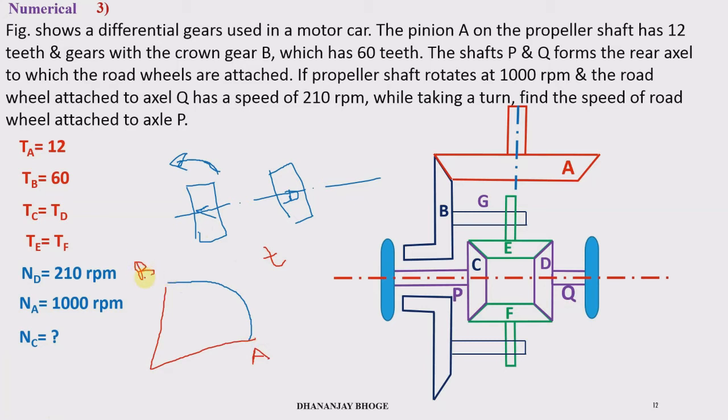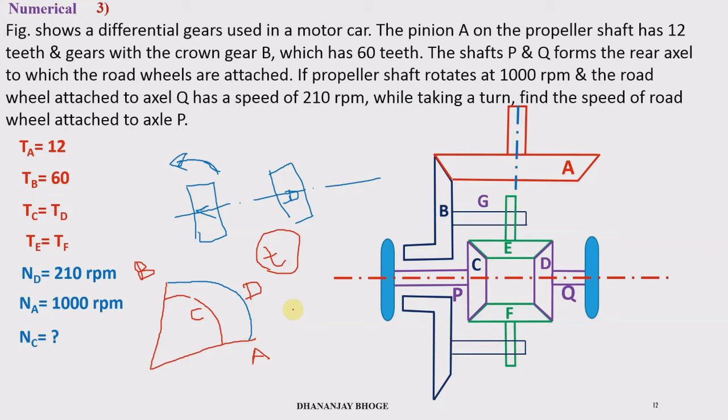Now while taking a turn or moving along this curved path, inner wheel has to travel less distance, बरोबर? C has to travel less distance and D has to travel more distance, but in same amount of time. And this is only possible when wheel C and D have different velocities, because they have to cover different distances in same amount of time.